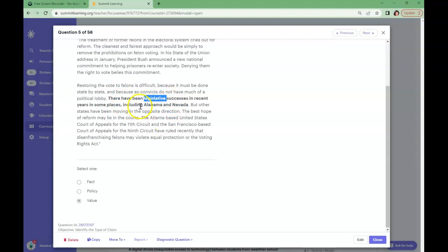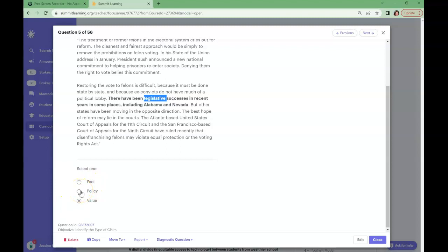So if this was actually a policy argument, it would say something along the lines of the legislators in Alabama and Nevada must do these actions because of this. So policy makes demands about some type of process or rule or action. So again, value determines something's worth.